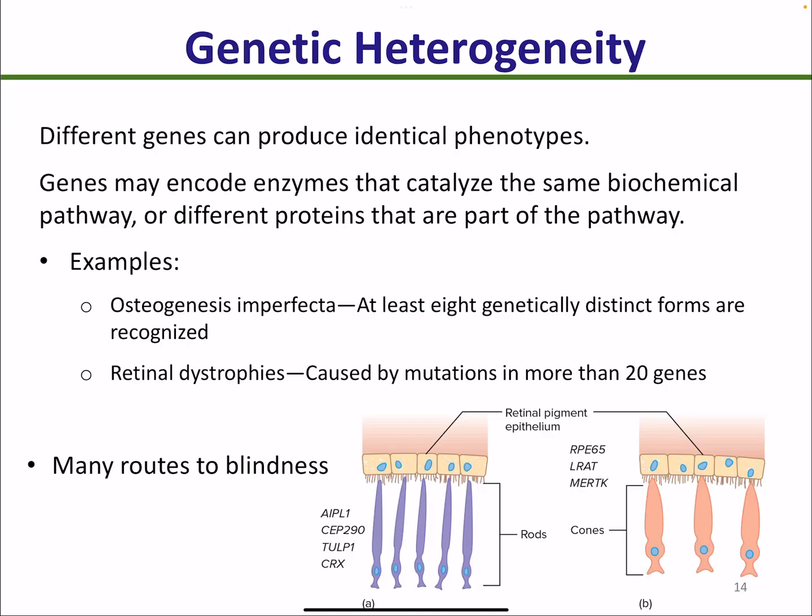And then we have genetic heterogeneity. In genetic heterogeneity, different genes can produce identical phenotypes. Here, you know that genes may encode enzymes that are part of the same metabolic pathway.